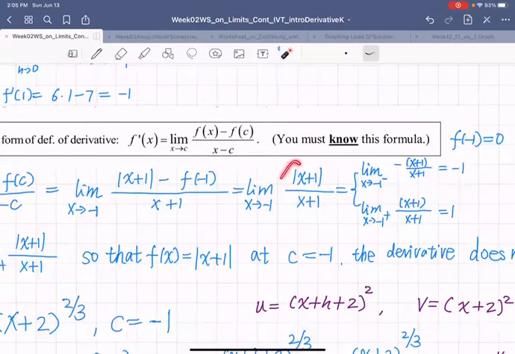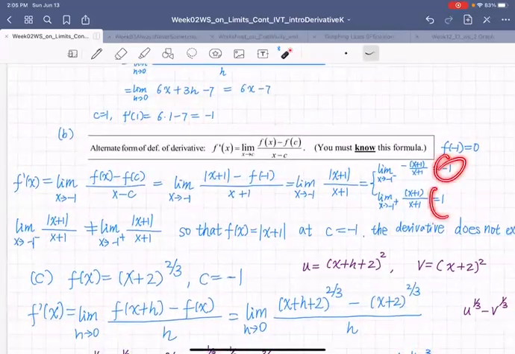And we already did this question at the beginning of the class. When x approaches -1 from the left, this equals -1. When x approaches -1 from the right, this equals +1. These two do not equal.